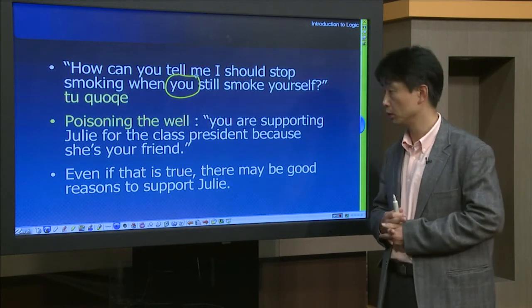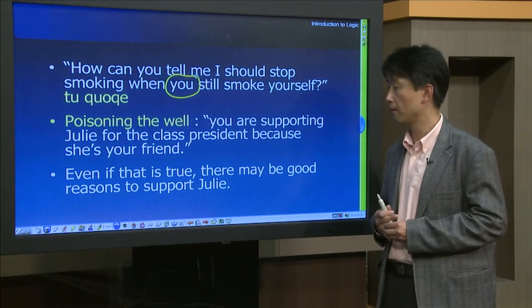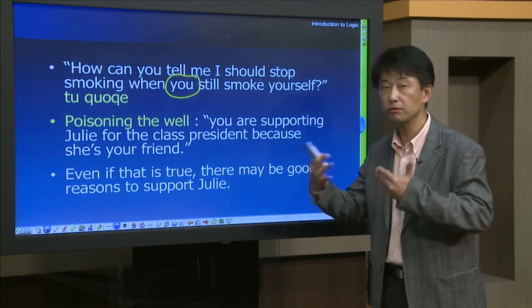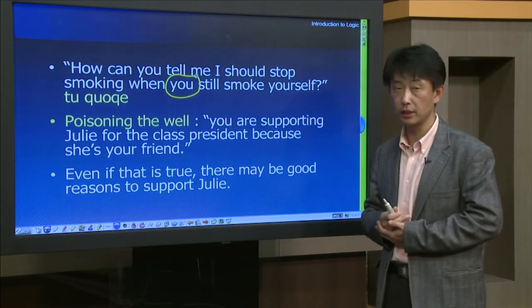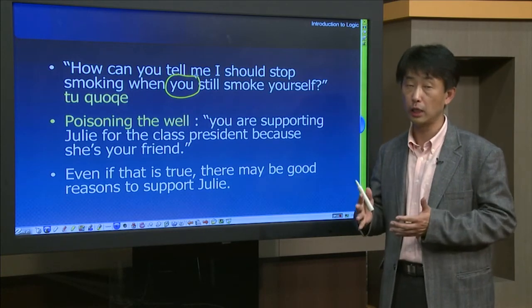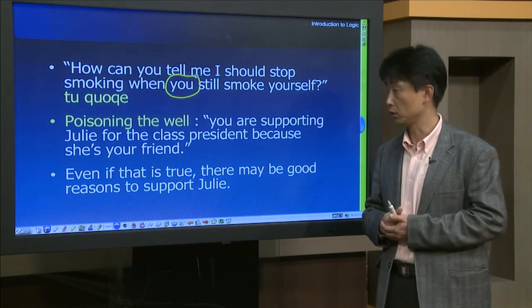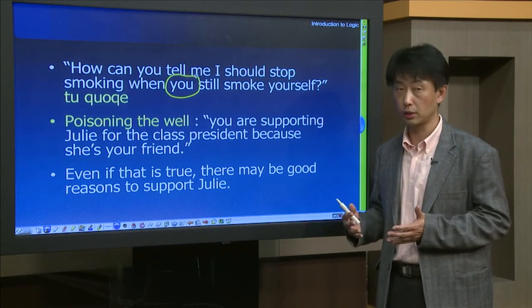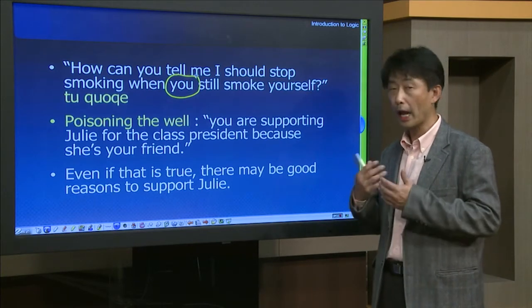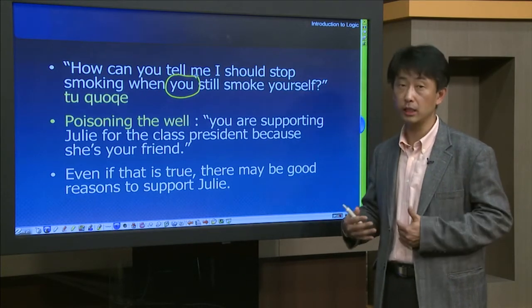That may be true, but that doesn't make your support for Julie for class president invalid. You may have very good reasons to support Julie. So just the fact that she happens to be your friend doesn't make your action invalid or wrong.